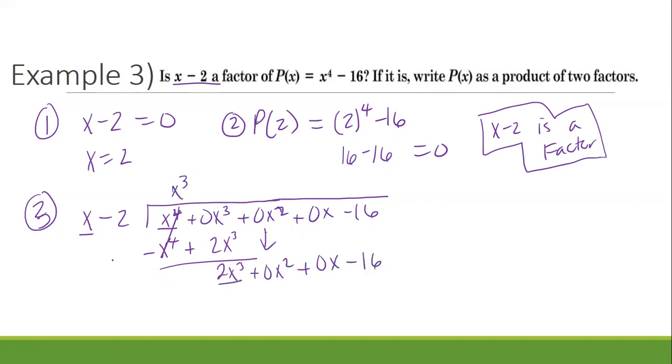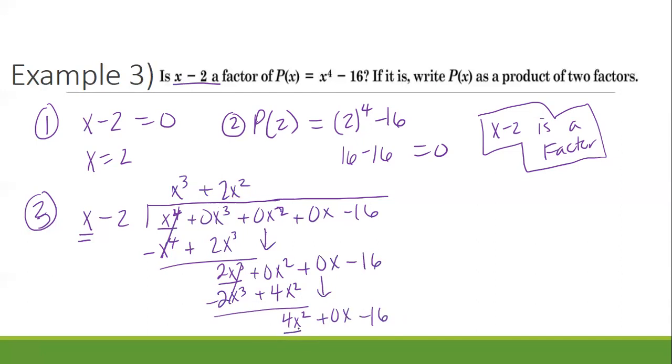And I repeat: divide 2x cubed by x gives me 2x squared. And that gives me 2x cubed after I multiply. 2x squared times negative 2 is negative 4x squared. Subtract, I'm left with 4x squared. 4x squared is still a higher degree than x minus 2. So I'm going to bring down plus 0x minus 16.